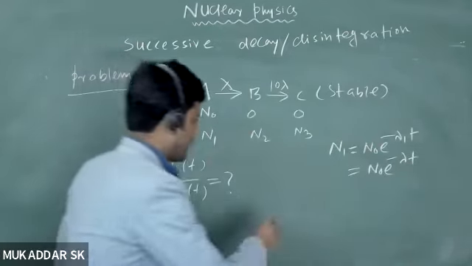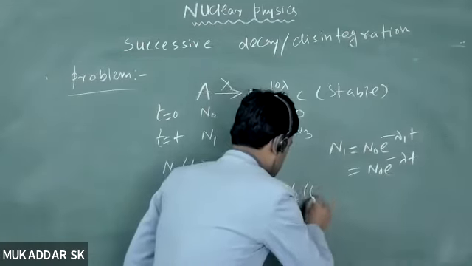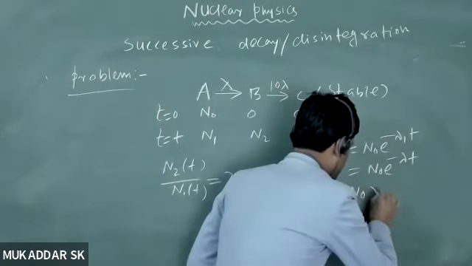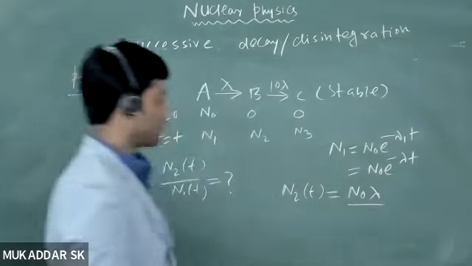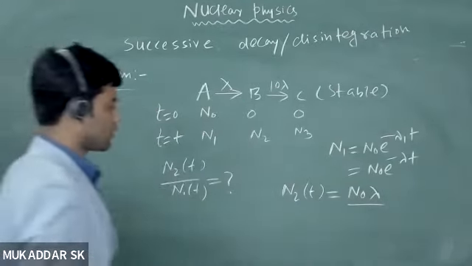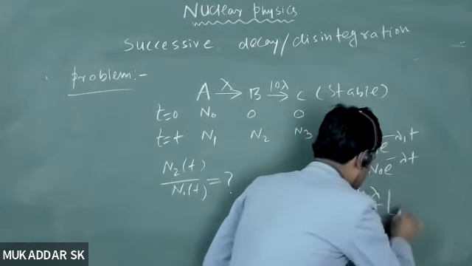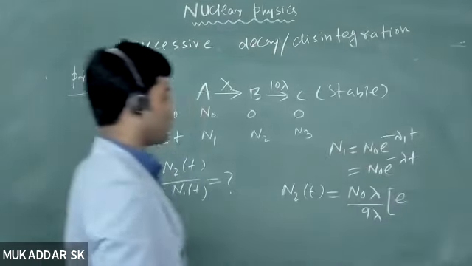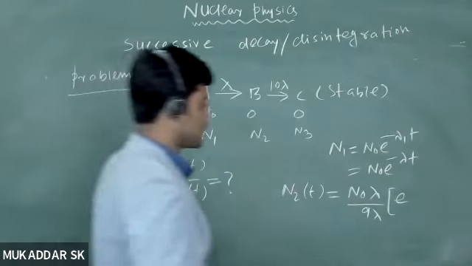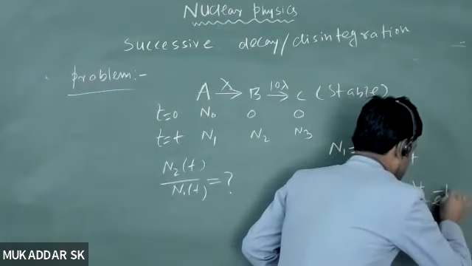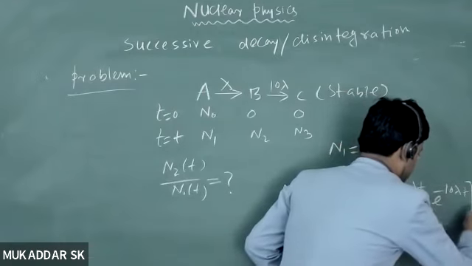And similarly N2 of t will be N naught lambda 1, which is lambda, divided by lambda 2 minus lambda 1. Lambda 2 is 10 minus 1, that is 9 lambda, and you will have exponential of minus lambda t, minus lambda 1 means minus lambda t, and then minus 10 lambda t.